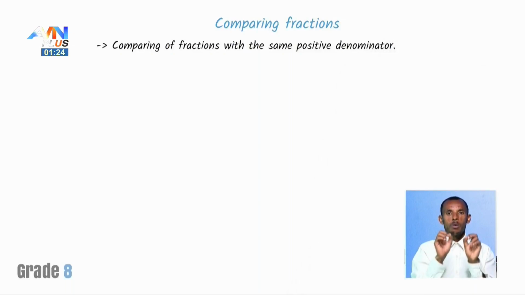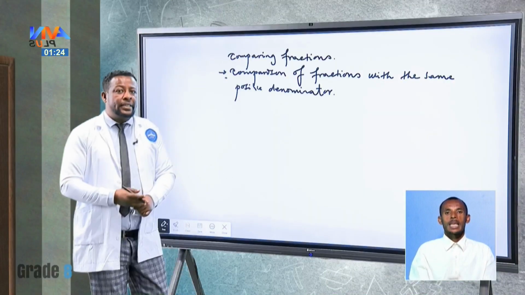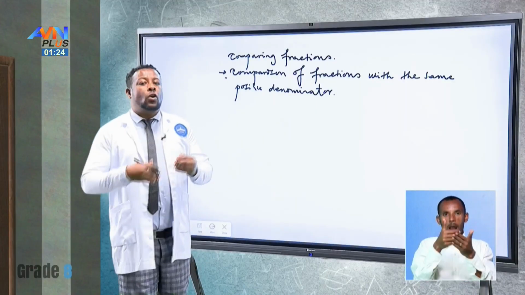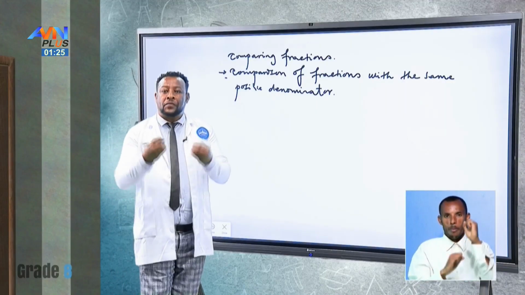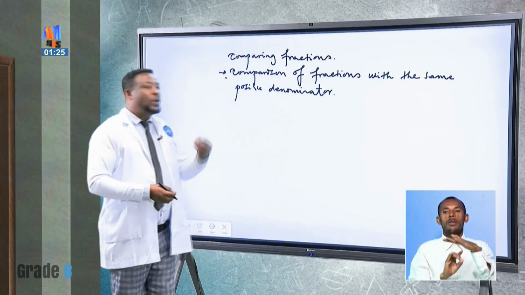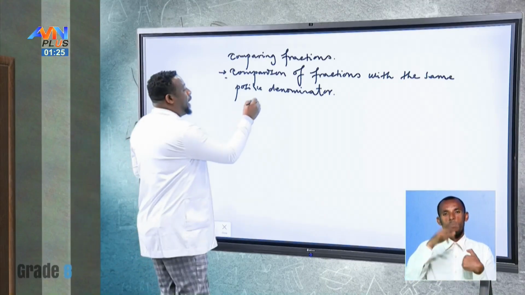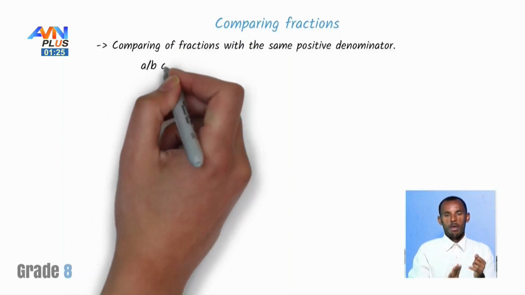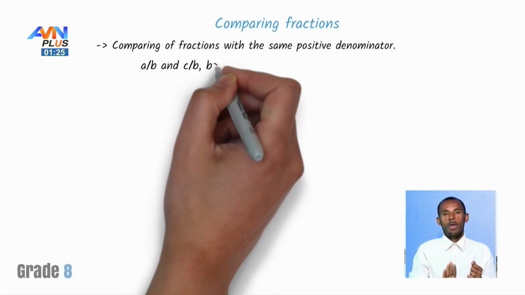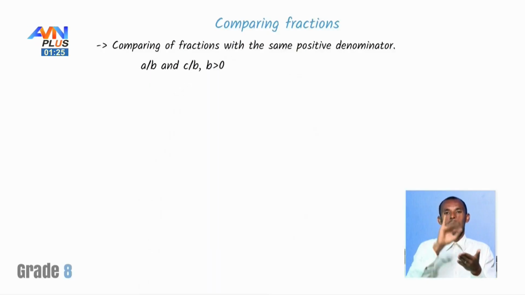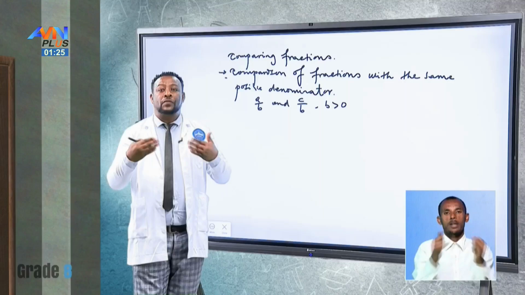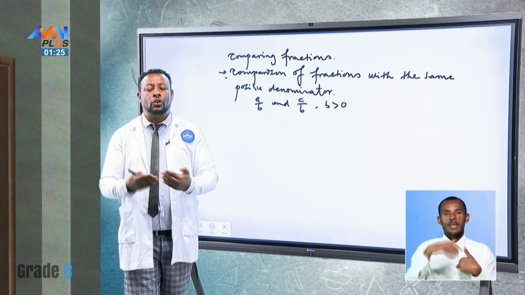Okay, in this case, I want to tell you some general procedure on how you can compare fractions having the same positive denominator. Suppose we have two fractions, a over b and c over b, where this b is positive. Okay, here, as you can see, these two fractions have the same denominator.